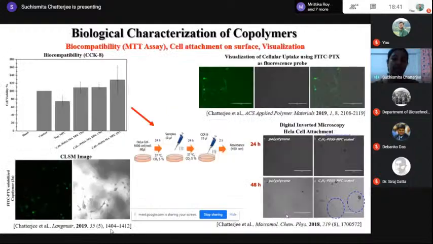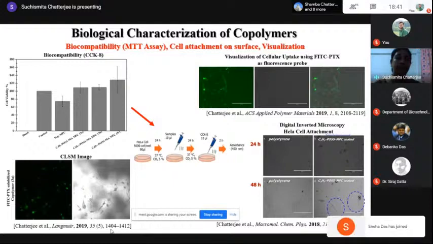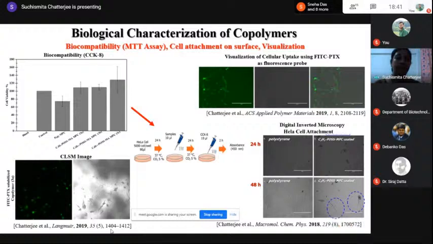So again I have to perform the biological study, like the biocompatibility study, cellular imaging and cell attachment study, and every bit of that knowledge I got from my fundamental biotechnology background. So I think this is very important to continue research in the bioengineering field.